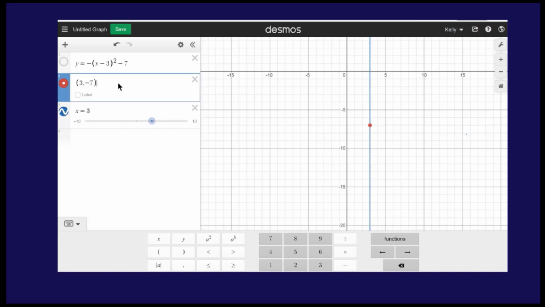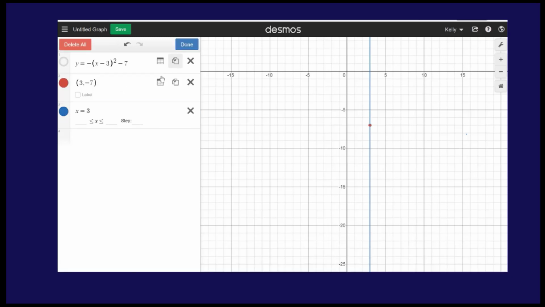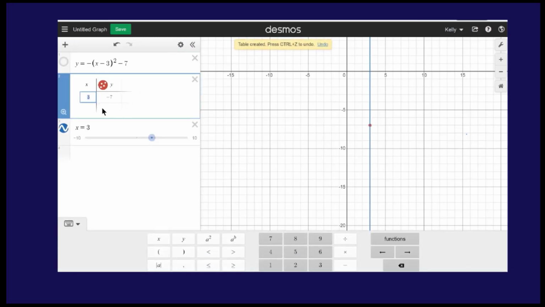So now what I want to do is take this and make a table out of it, okay? I'm going to go a little to the left and the right. I always like to hit 0. Let's try 0 and see what I get. If I plug a 0 in, 0 minus 3 is -3, squared is positive 9.